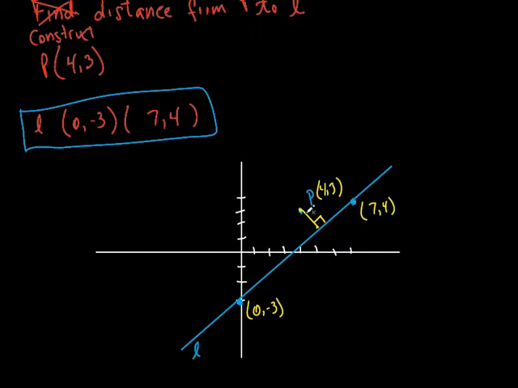Let's label these 2 points, make sure you see the straight line. I want to see this little line right here that shows that they're perpendicular. Okay?